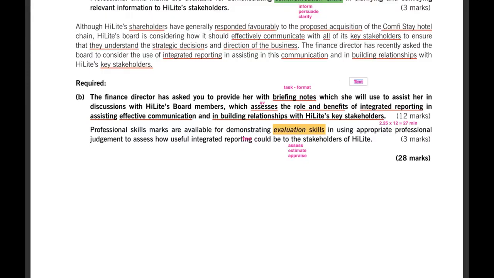All right, so syllabus area here would be effective leadership, that is on sustainability, where the focus is actually integrated reporting. All right, this is your area.